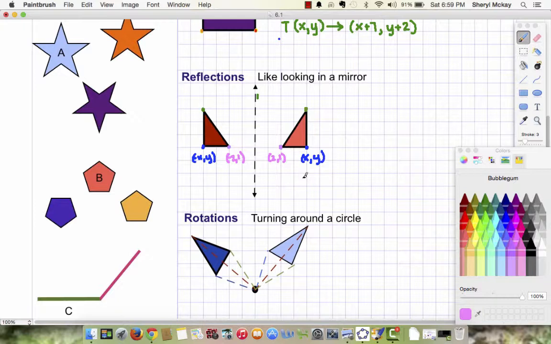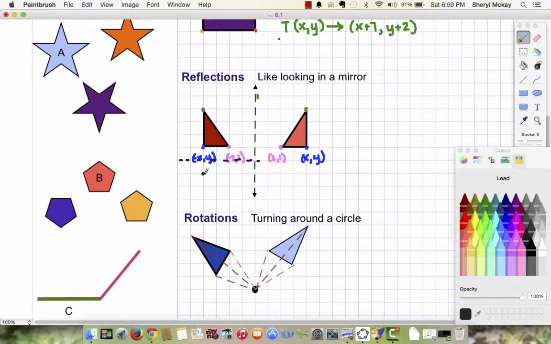And if we were going to reflect it over a horizontal line, if you think about creating this exact same image right here, this red image, if we were going to flip it over this line right here, a line going this way, then we would take this point, which is 1 away.